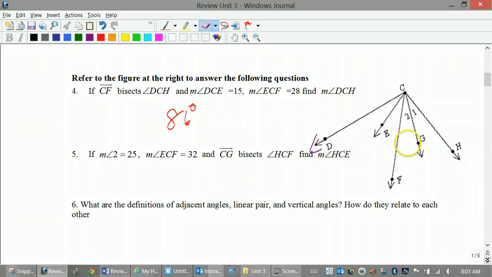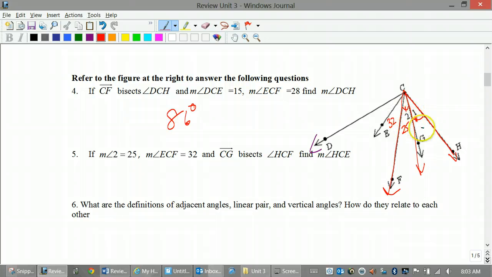Erase, please. Thank you. Measure of angle 2 is 25. ECF is 32. CG bisects HCF, so I'm going to mark that this is congruent to that.